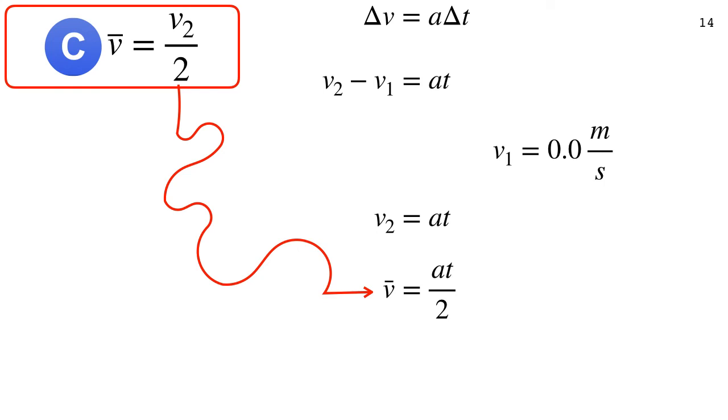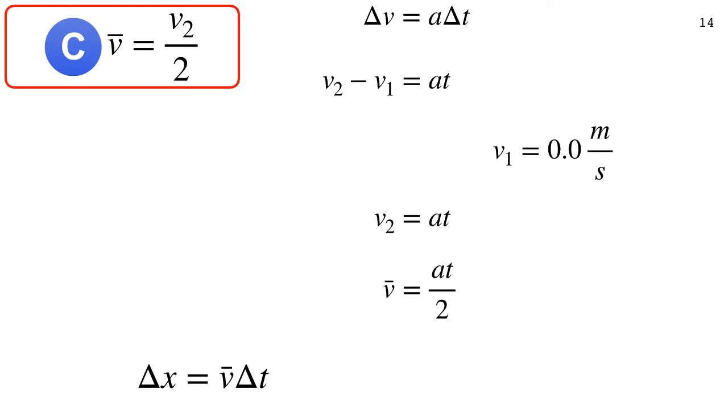V1 is 0 in this one, so it doesn't appear in the average in the rectangle over here on the left. It drops out and simplifies into V2 equals AT over here on the right-hand side. So we're using this idea of starting from rest to our advantage. Hopefully you can see something shaping up here.